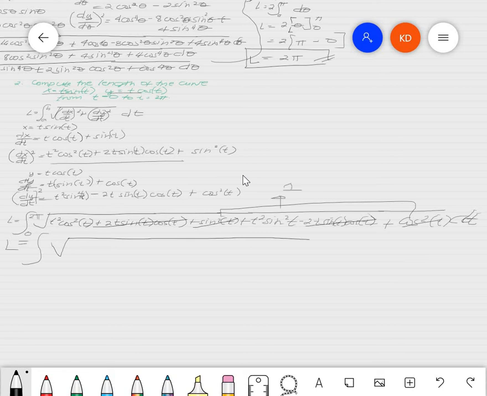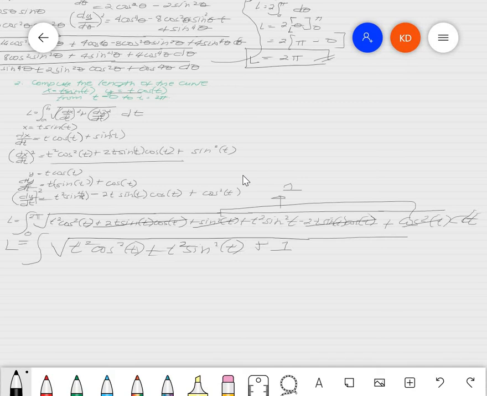So we have left t cosine squared t, then plus t squared sine squared t and plus 1.